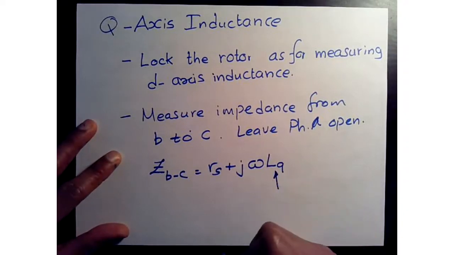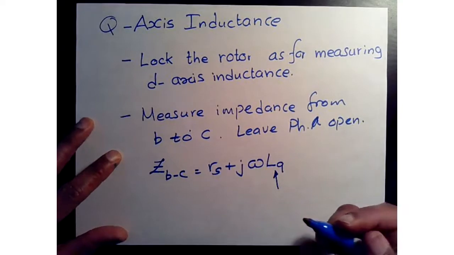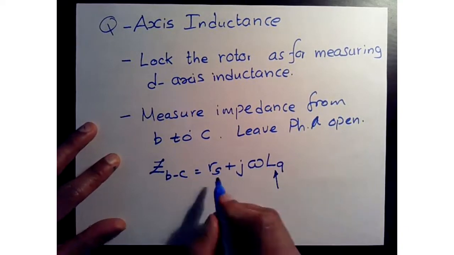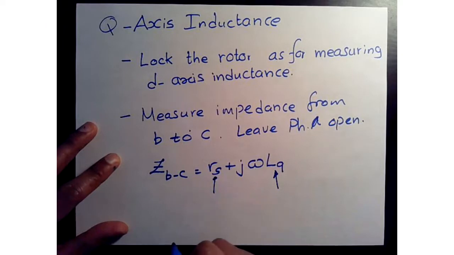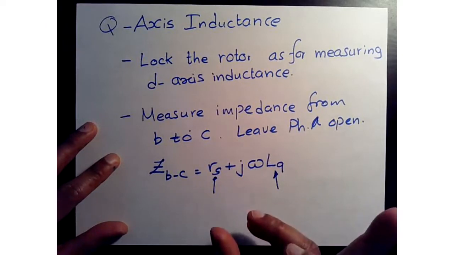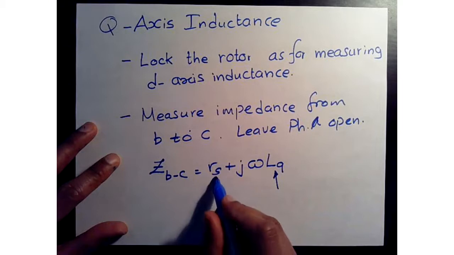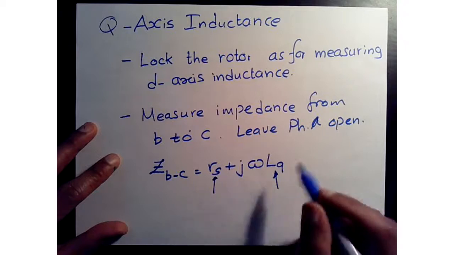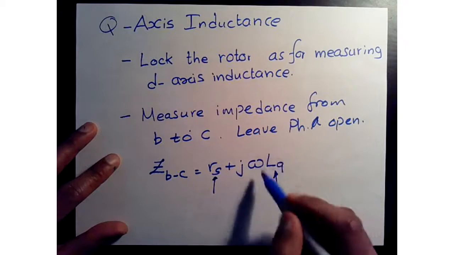Again, you can apply a step input and look at the tau, and then calculate it that way. Now again, be careful: with RS here you are using two phases, so you have to adjust. Consider that RS value appropriately when you do the calculation. However, the inductance doesn't change.